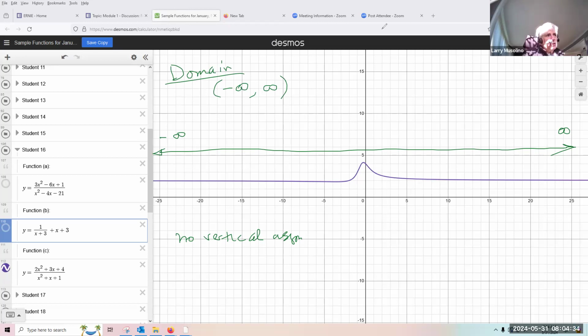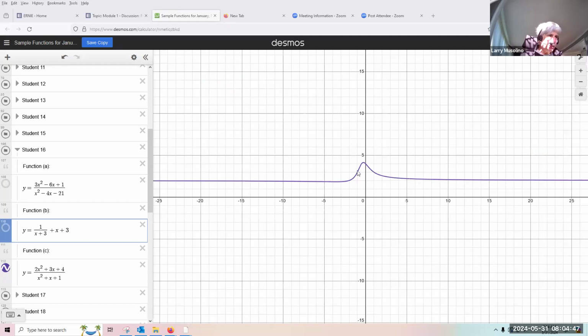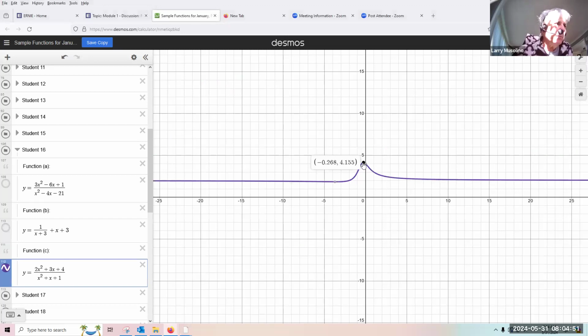All right, what about the range? Well, the range is the span of the y values. And so again, I'm just going to estimate it from the graph. Talk more about how to come up with better estimates later. But let's take a look at how far this graph is extending vertically. Well, it looks like it's going up to this kind of maximum point here. So I'm going to say that's 4.155.